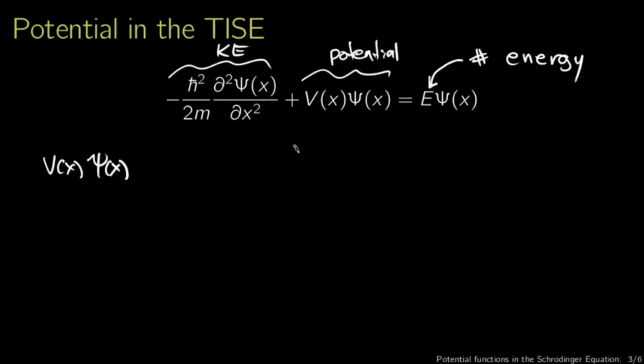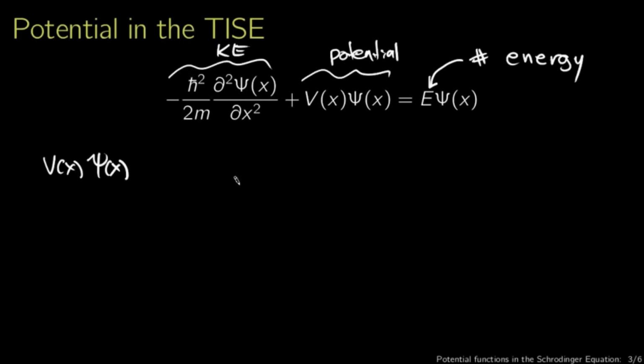What I'd like to do before we move on is to rearrange this a little bit to show you how the potential energy is related to the energy of the state, and what effect that has on the wave function. In order to do that, I'm going to multiply through by ħ squared over 2m and rearrange terms.